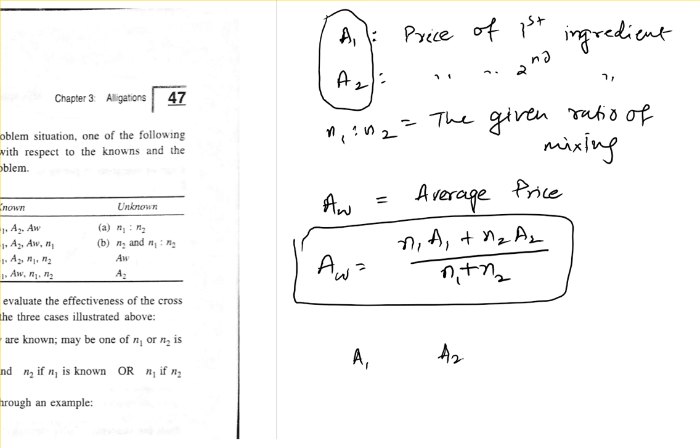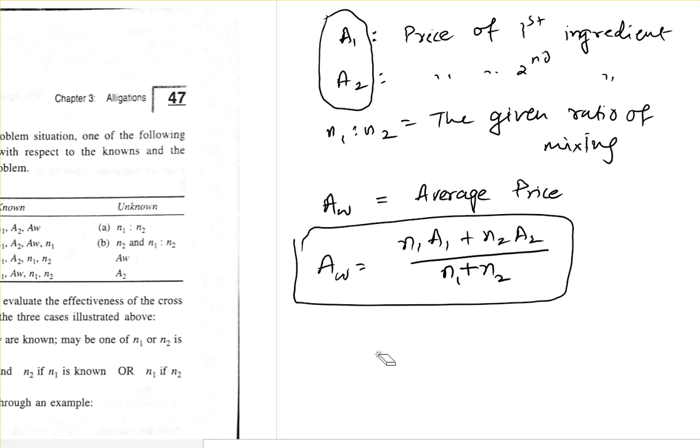So AW will always lie in between these two. Because it is the average in some ratio, it can never be greater than A2 or less than A1. It cannot go beyond these, it will be in between these two. Okay, got it.